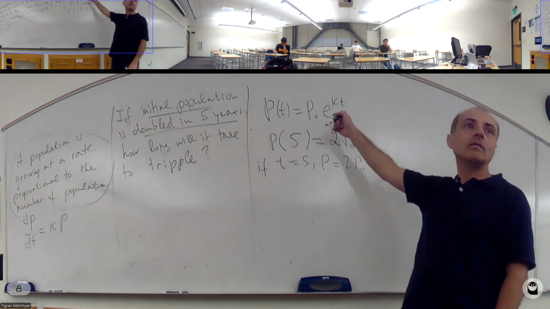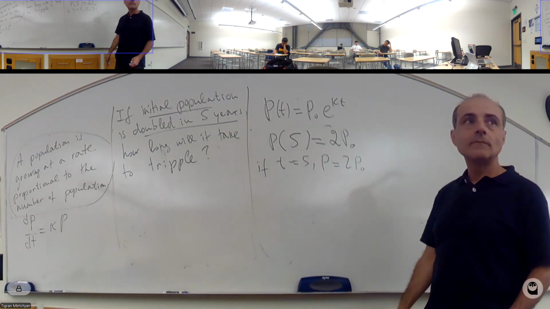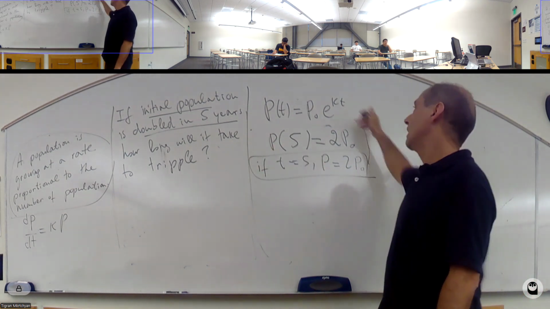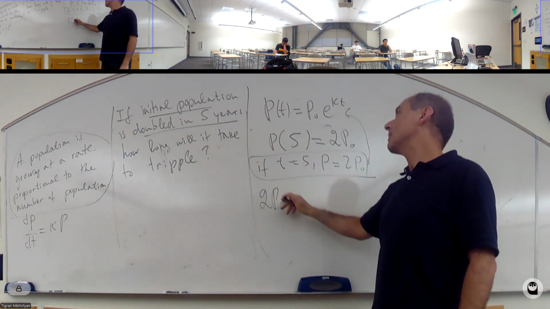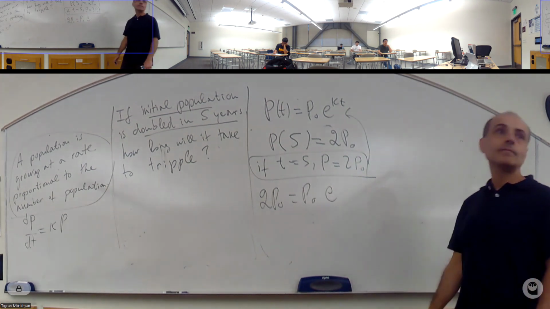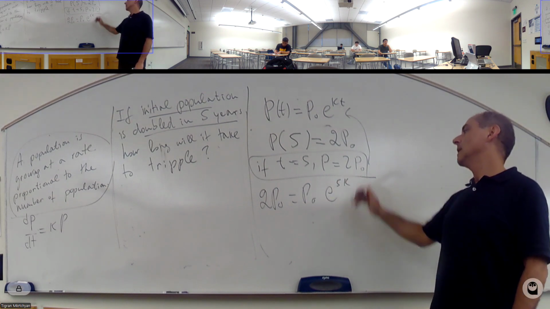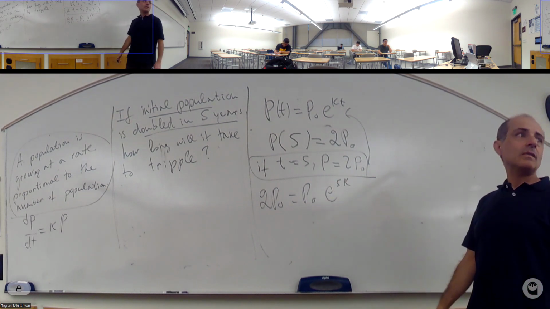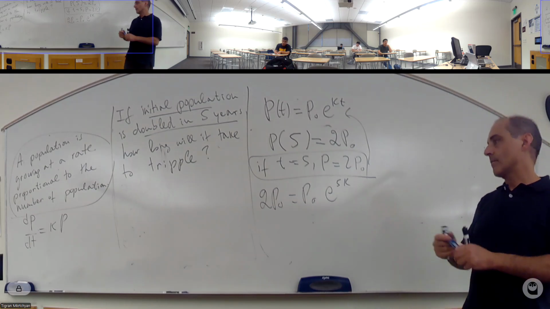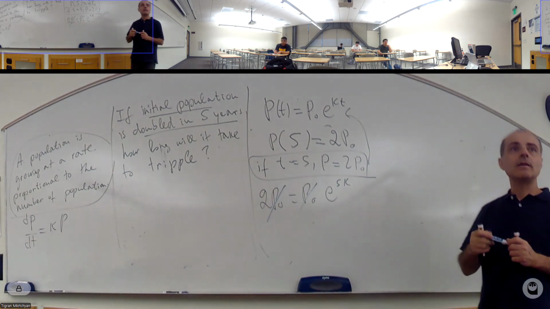Well, let's plug in there. So how would I get it if I plug in? 2P0, yeah. 2 times the initial population equals the initial population times e to the k5. And that will help us solve and find k. How do I do that?